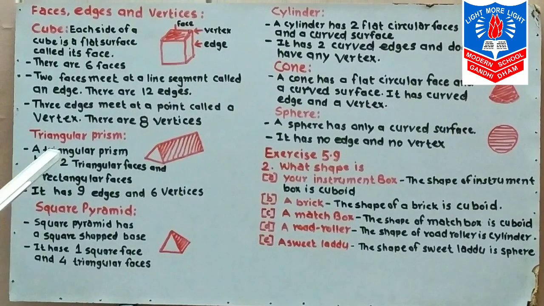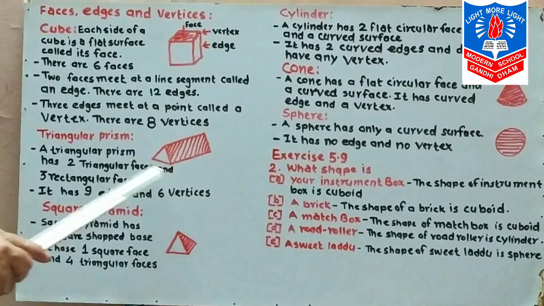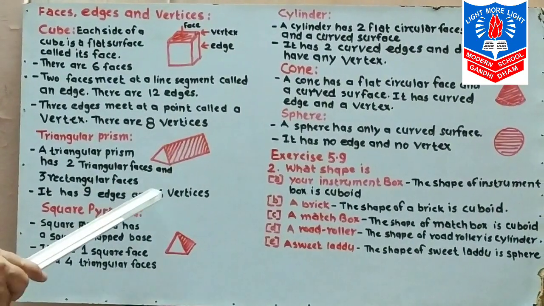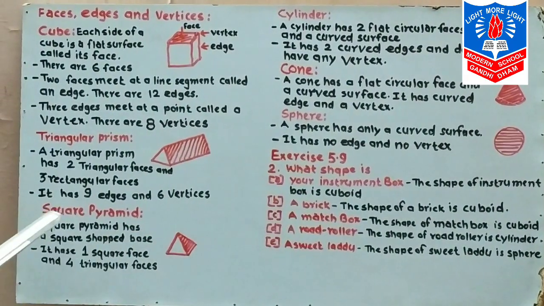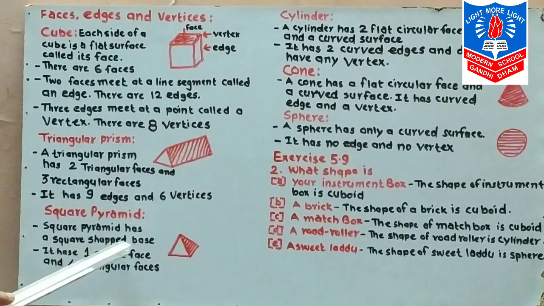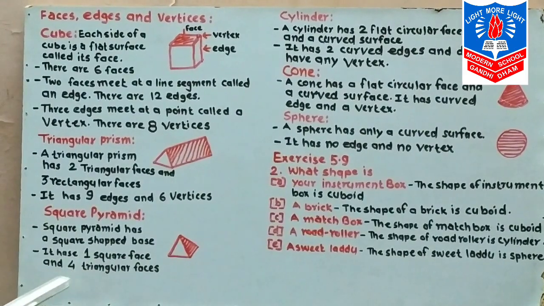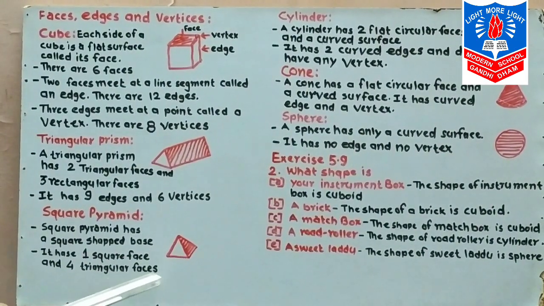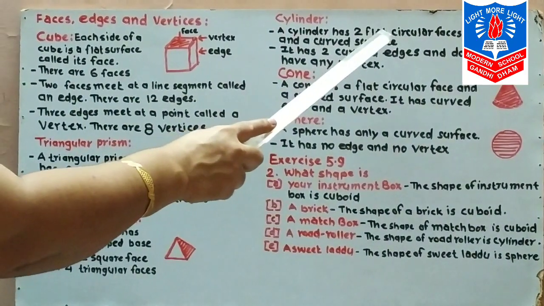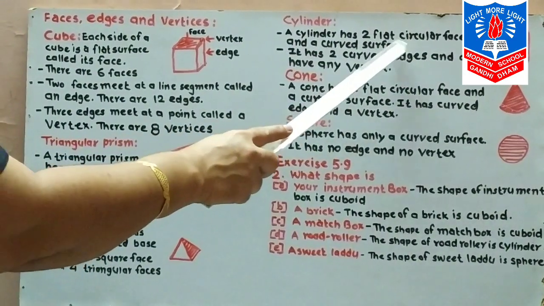Triangular prism. A triangular prism has 2 triangular faces and 3 rectangular faces. It has 9 edges and 6 vertices. It is a square pyramid. A square pyramid has a square shaped base. It has 1 square face and 4 triangular faces. Cylinder. A cylinder has 2 flat circular faces and a curved surface.